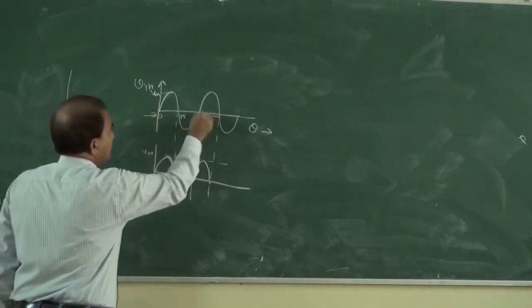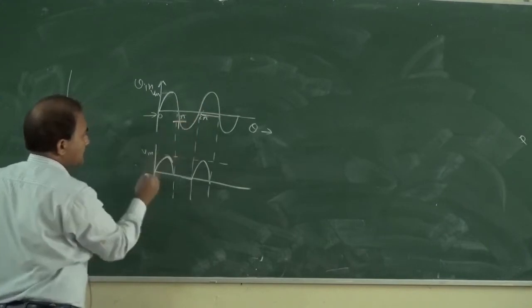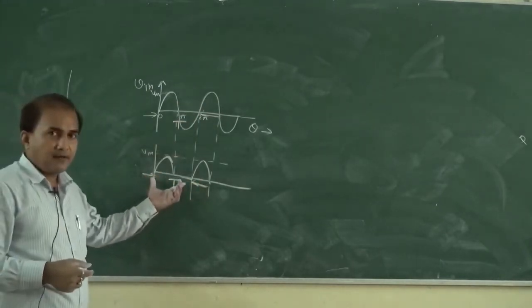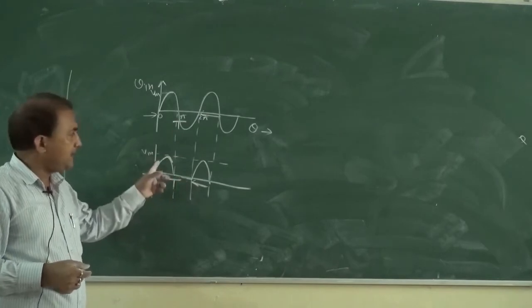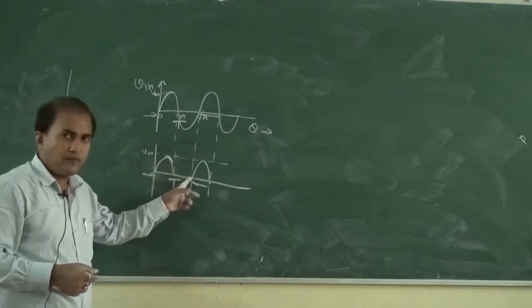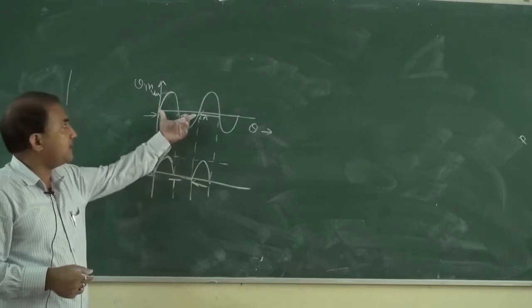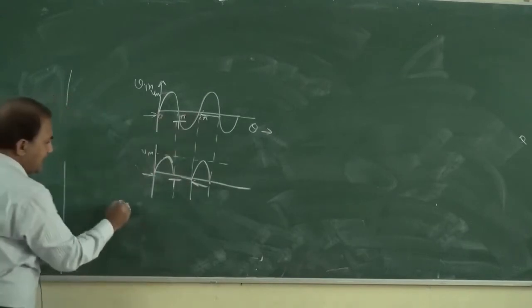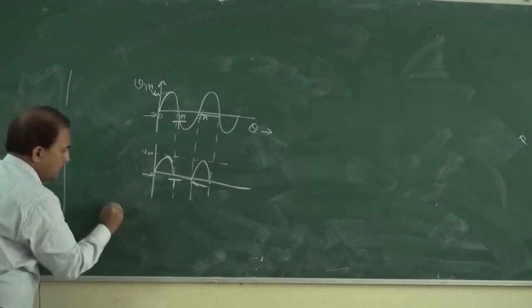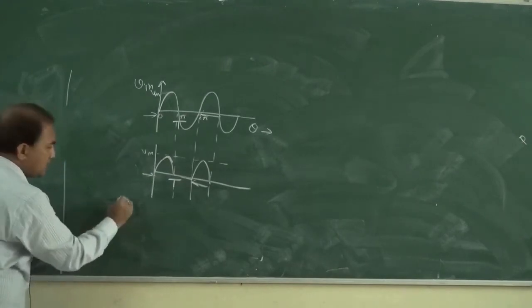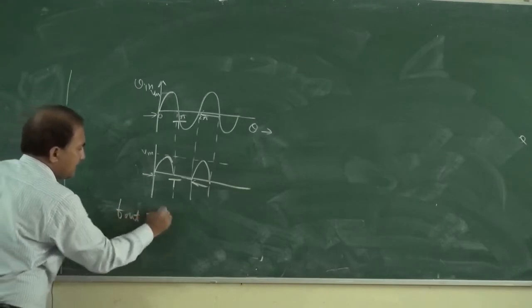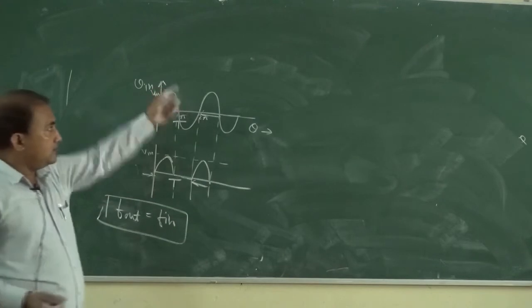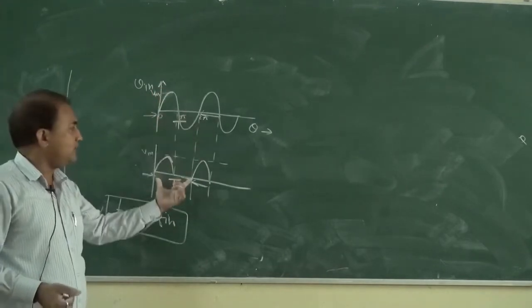This is one time period, this is one time period. So the time period of the output wave is equal to the time period of the input waveform. So we can say both time periods are equal. So F out is equal to F in.